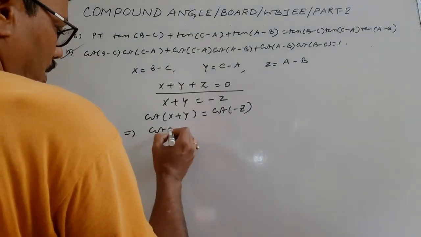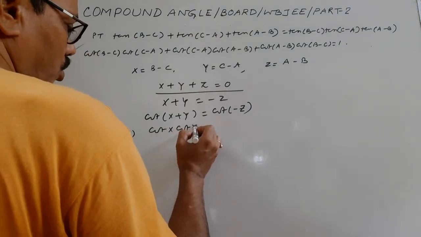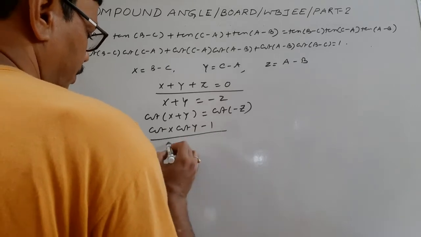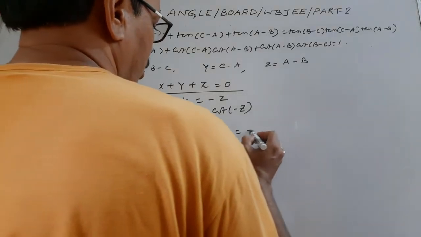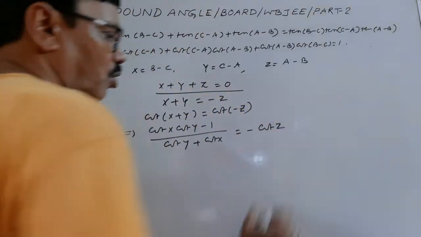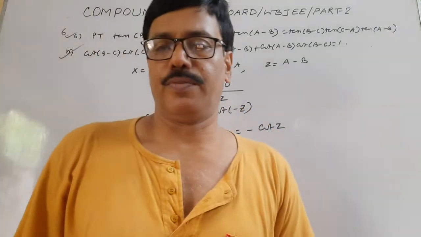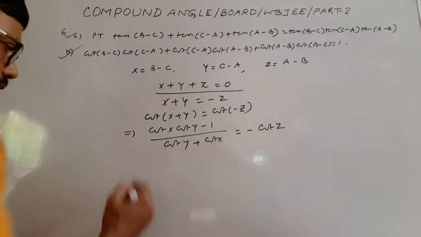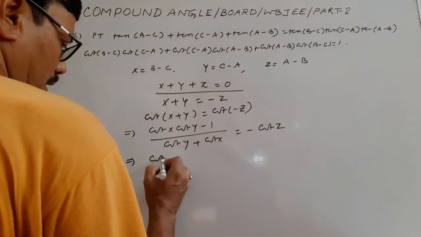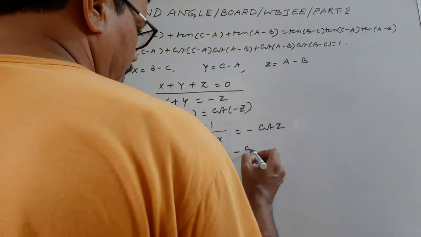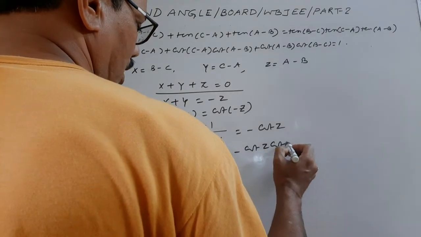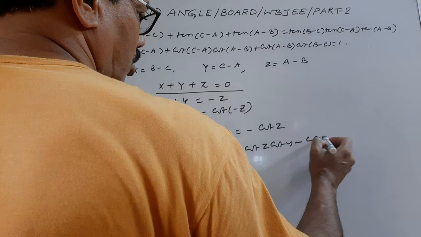So cot of A plus B is cot X cot Y minus 1 over cot Y plus cot X, equals minus cot Z. Cot of minus Z is minus cot Z. So do cross multiplication: cot X cot Y minus 1 equals minus cot Z cot Y minus cot Z cot X.